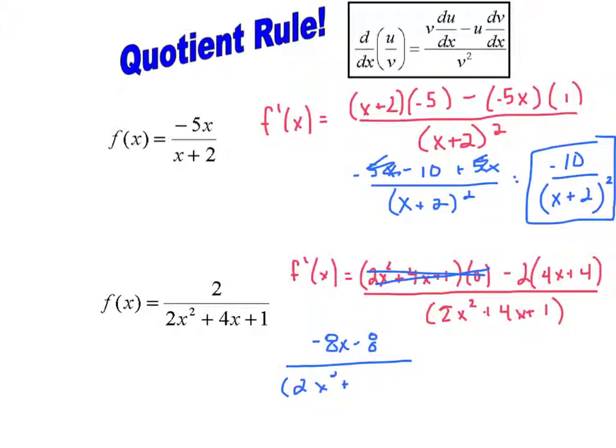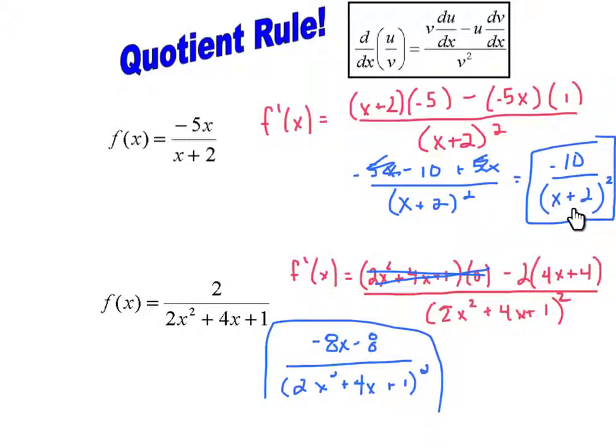Now I know in pre-calc, oh, I forgot to square it over here, just a second. I know that they talk to you a lot about actually multiplying these things out. In calculus, we don't want to. We often want them in their simplest factored form. So I would not multiply these denominators out.